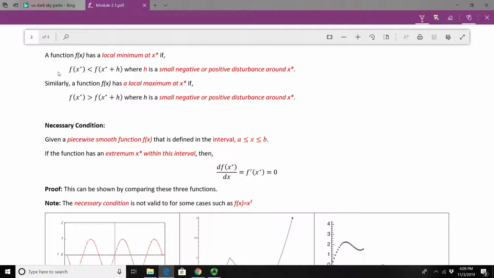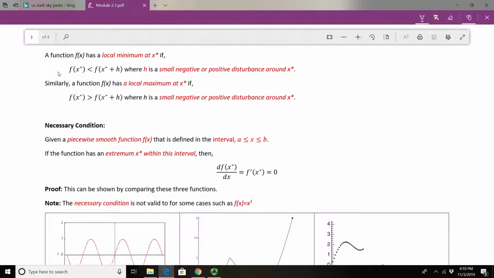So what you need to do is look at the neighborhood, see what is going on, and if your point x star is the lowest point, you are at a minimum. Similarly, a function f(x) has a local maximum at x star if f(x star) is bigger than any neighboring point around it.